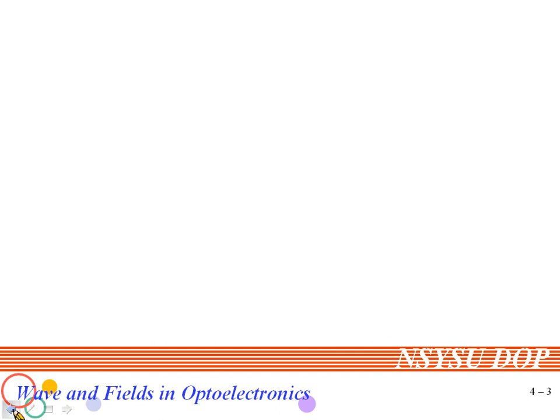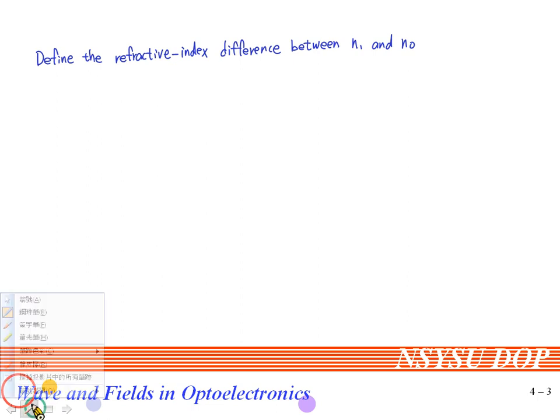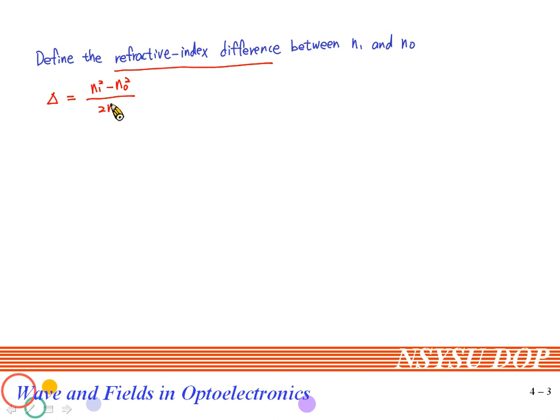We then define a very important parameter. Here, we define the refractive index difference between N1 and N0, which is delta equal to N1 square minus N0 square divided by 2N1 square.